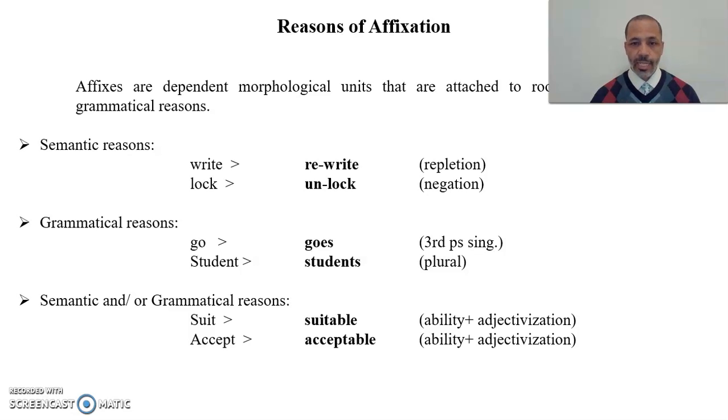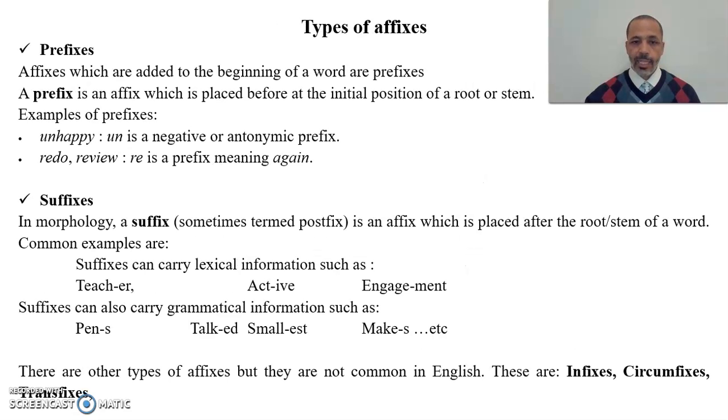There is a degree of acceptability that you add to the verb accept, and a degree of suitability that you add to the verb suit, and so on. So the affix able is associated with those verbs so as to fulfill two reasons: a grammatical reason and a semantic reason.